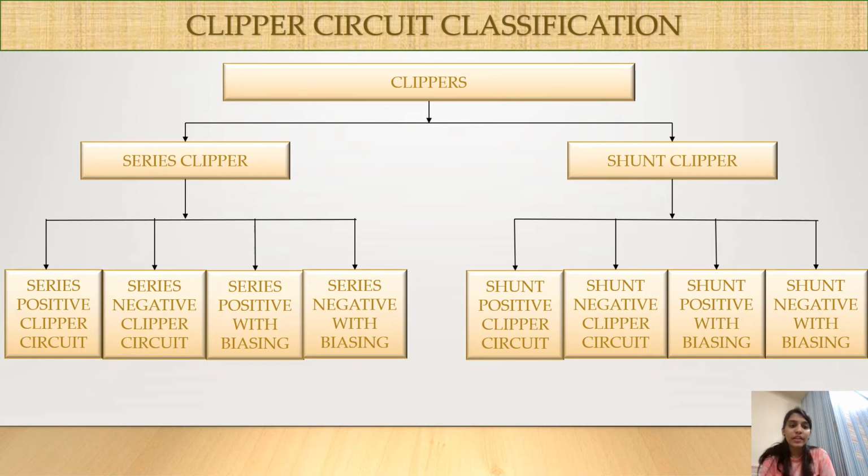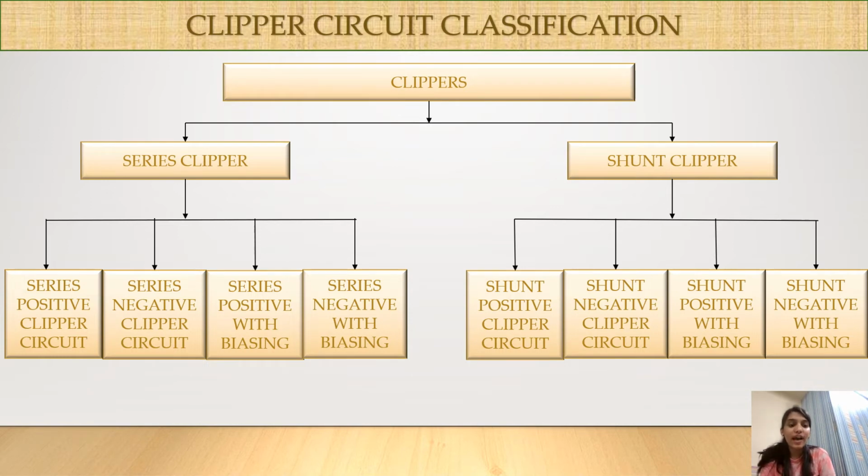Now the third one is the shunt positive clipper with bias. The biasing is done by using another fixed voltage source such as a battery inside the circuit to modify the waveform further. The voltage source can be connected in either positive or negative biasing.